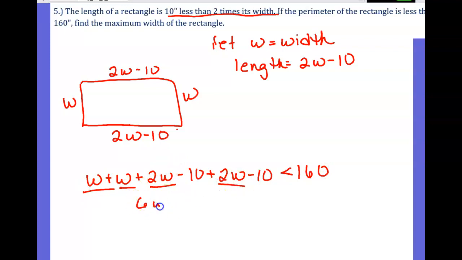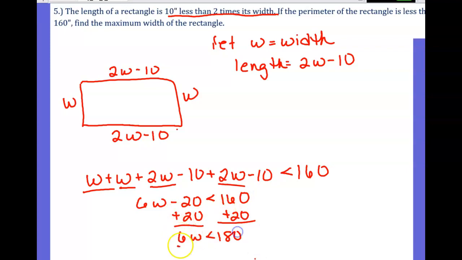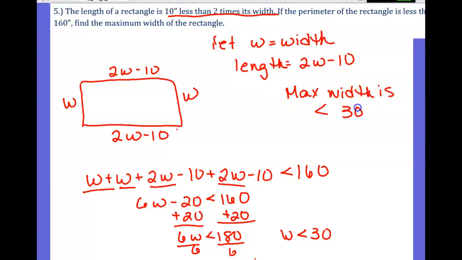We got 6W minus 20 is less than 160. When we add the 20 to both sides, we get 6W is less than 180. And then when we divide by 6, our W is less than 30. Okay, so the maximum width is less than 30 inches.